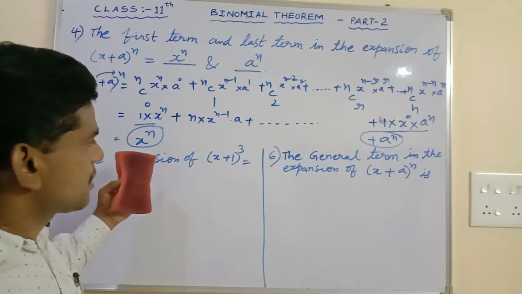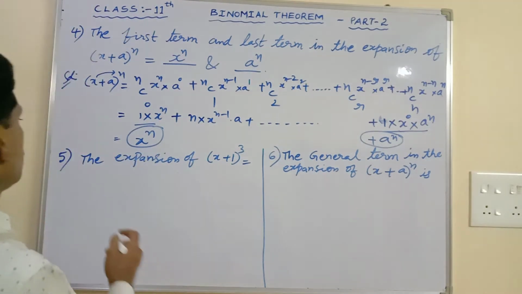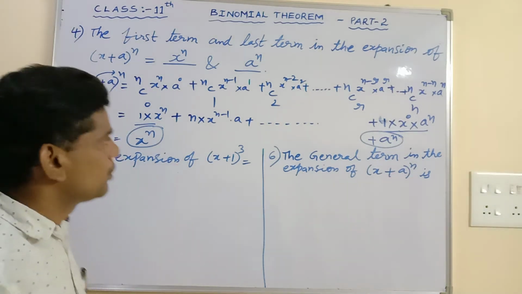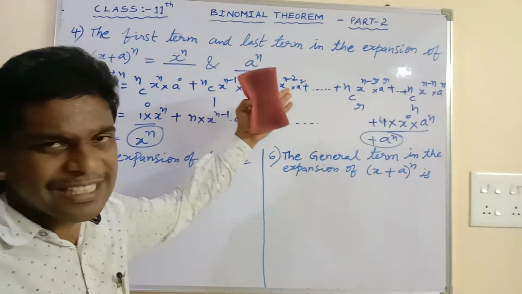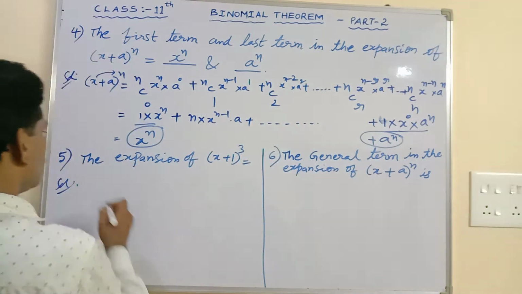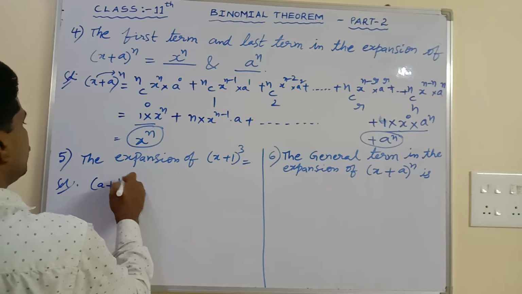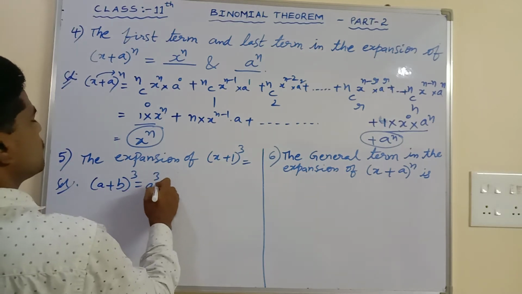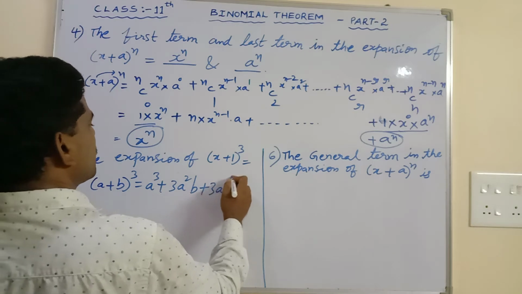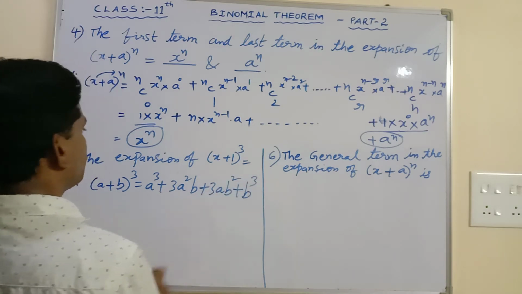So next question, fifth question. The expansion of (x plus 1) whole cube by using binomial expansion we can do it. Otherwise we know the formula, no? (a plus b) whole cube equal to a cube plus 3a square b plus 3ab square plus b cube. Okay.